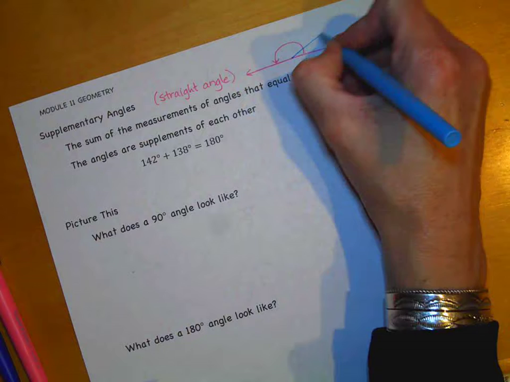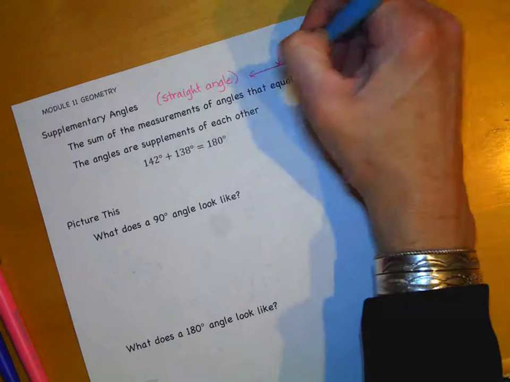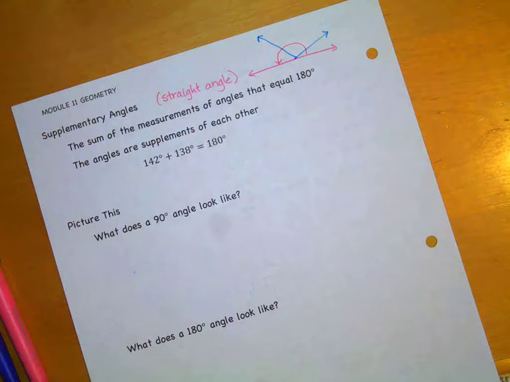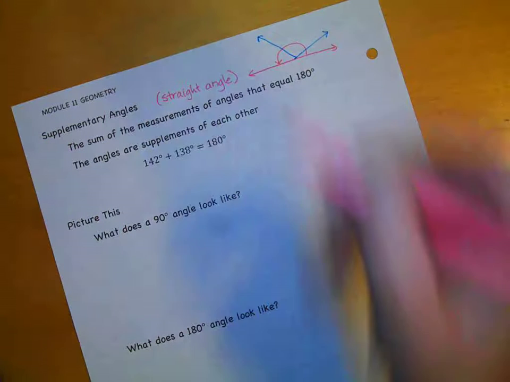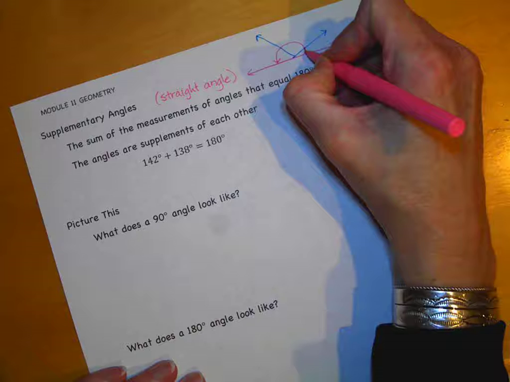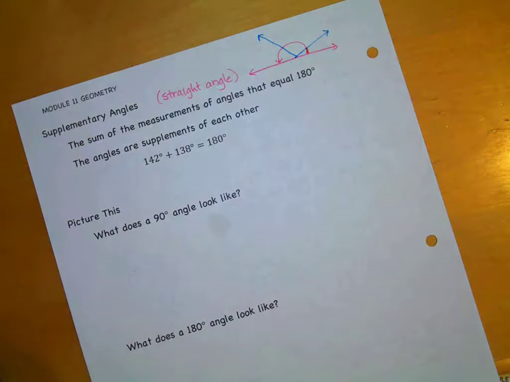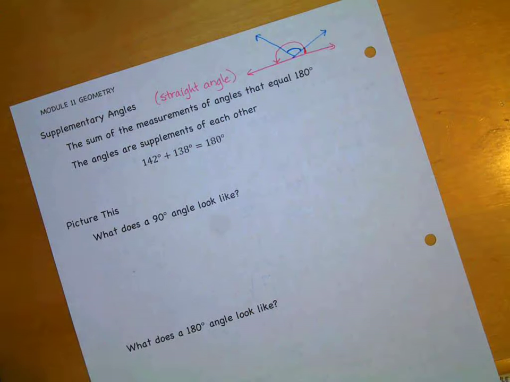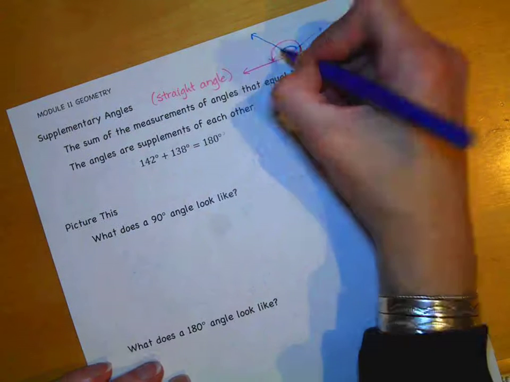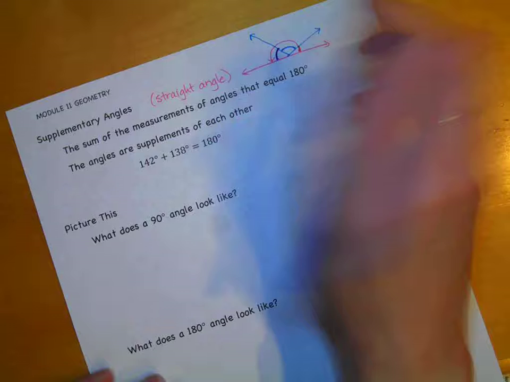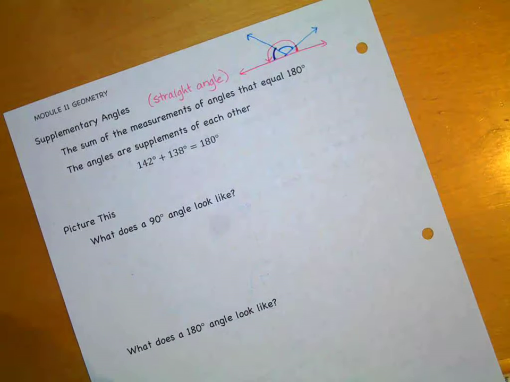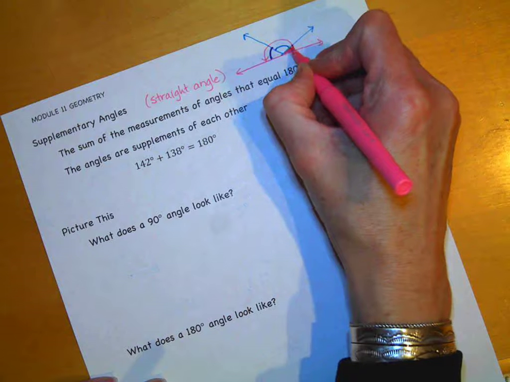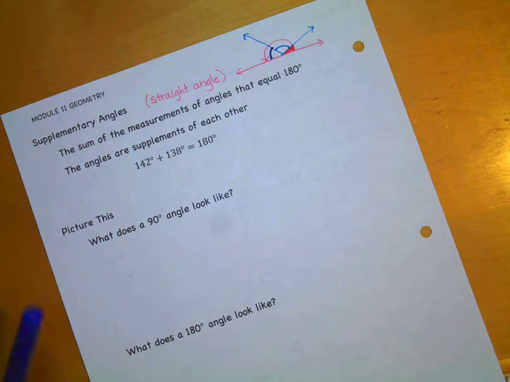So let's say that that's it. Let's say we have this one coming off, and let's say we have this one coming off. So if you look at that, you actually have three different angle measures. So you have this little one right here, and then you have this one right here, and then you also have this one right here. So as you can see, there's this angle. Let me color it in so you can actually see it better. So you have this angle that we're talking about right there.